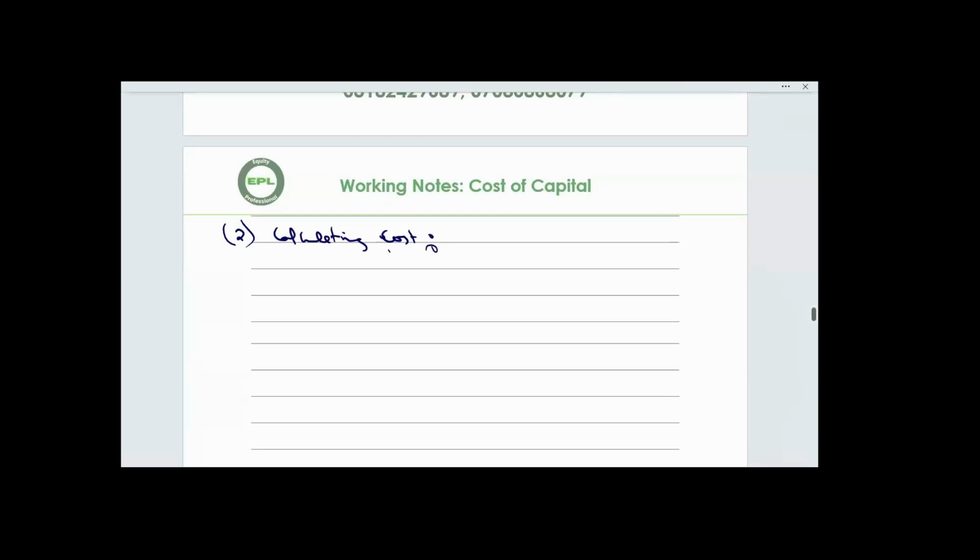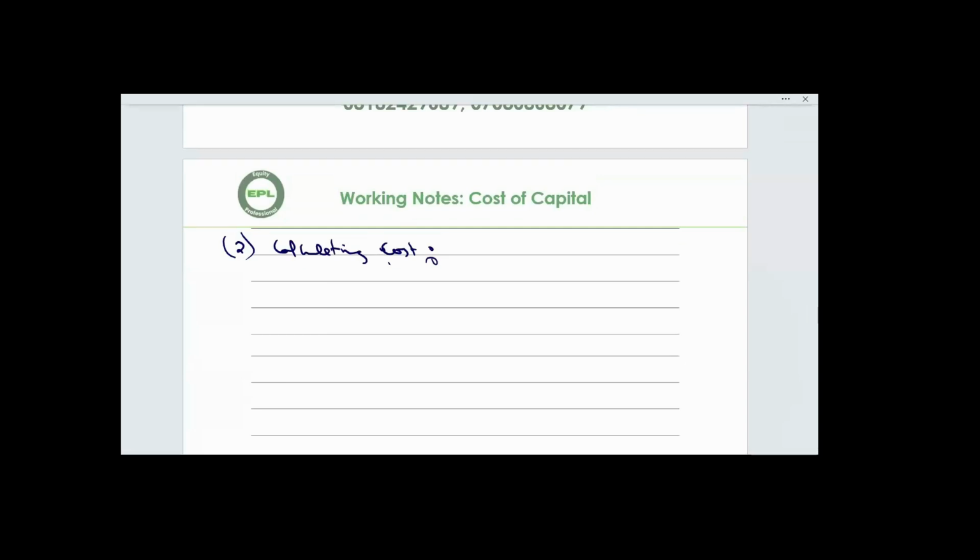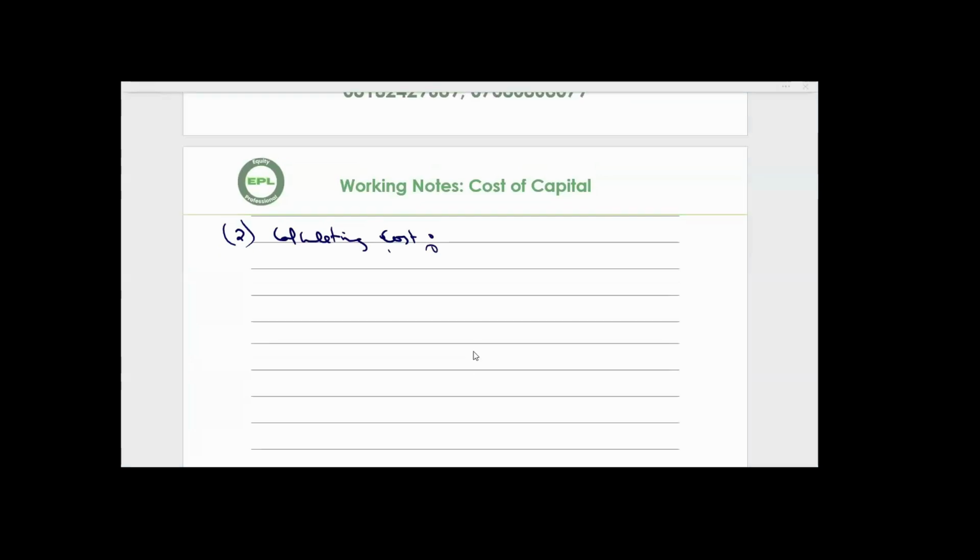In this particular question, the examiner told you that the debenture will be redeemed at par. Yes, the debentures are redeemable at par in 10 years' time. So maturity date is in 10 years' time. Since we are given maturity date, that means it's a redeemable debenture.